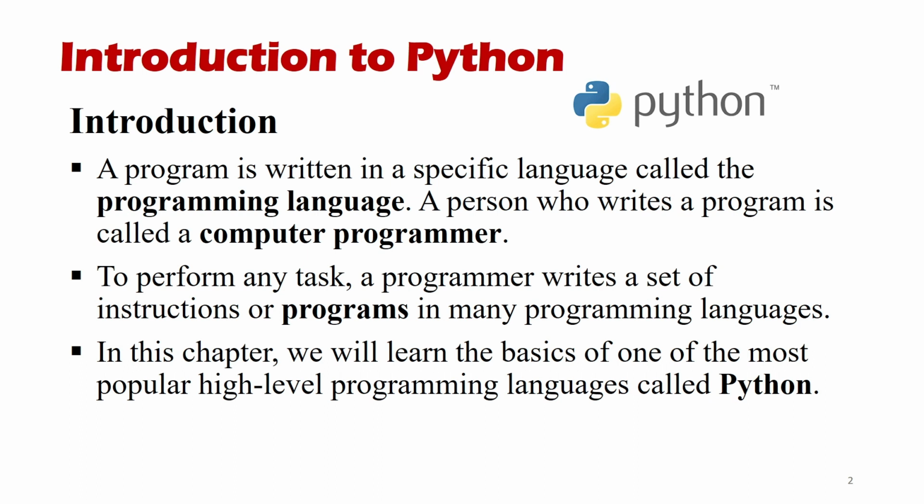So we can say that a program is a set of instructions written in any programming language to perform a task. In this chapter, we will learn the basics of one of the most popular high-level languages called Python.